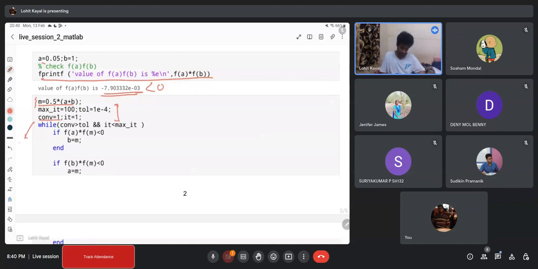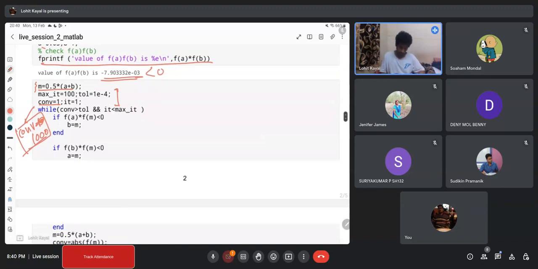For conf, you can take any value, but you have to define something just to start the iteration. Don't take 0, because 0 is less than tol. So take some arbitrary value. I have taken 1. You can take conf equal to 1,000, anything. It is just to start the loop initially, and after that it will become your absolute error.